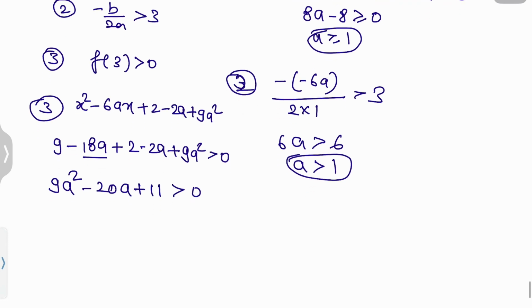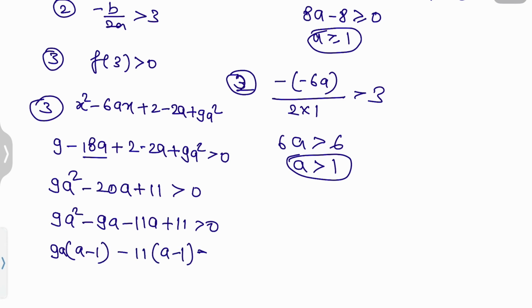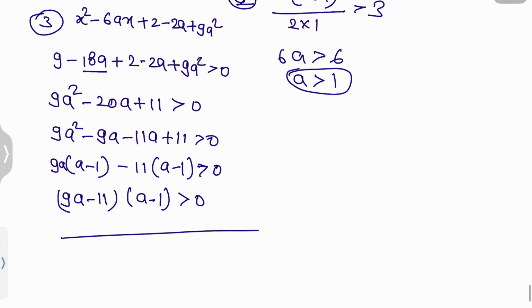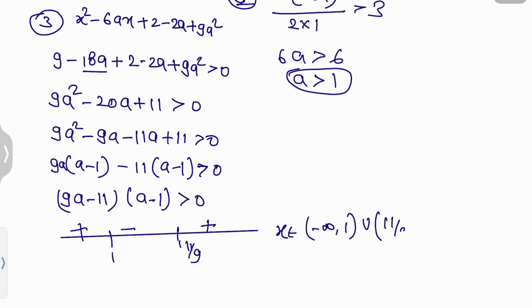So 11 split into two parts: 9(a - 1)(a - 11/9) ... so 9 is common, then (a - 1) and (9a - 11) greater than 0. Check that. The points are 11 by 9 and 1, so signs plus, minus, plus. So according to this, a belongs to minus infinity to 1 union 11 by 9 to infinity.